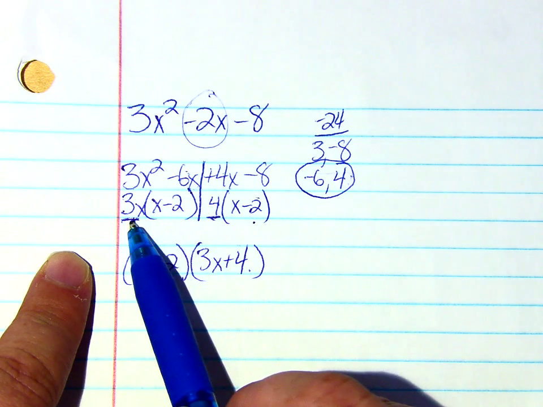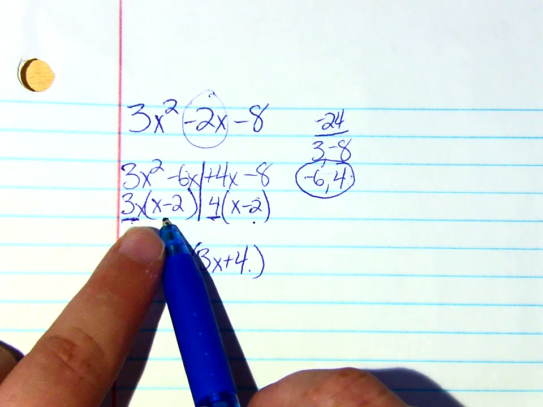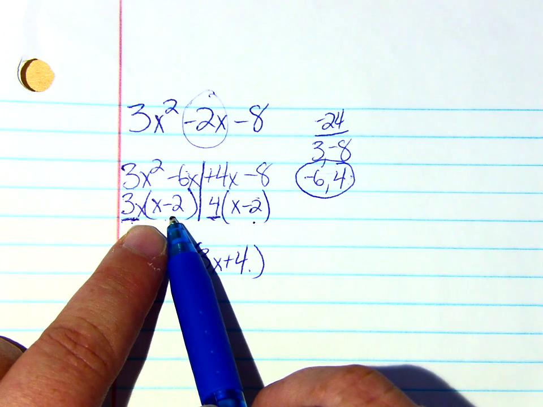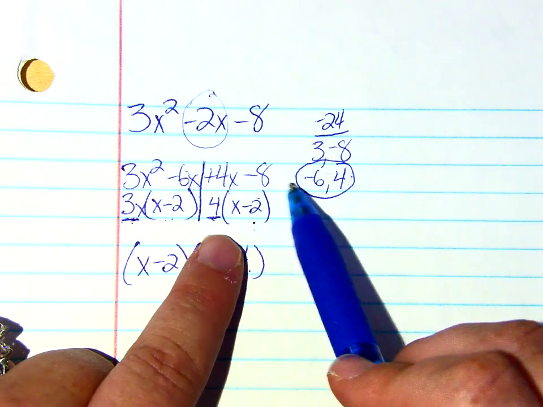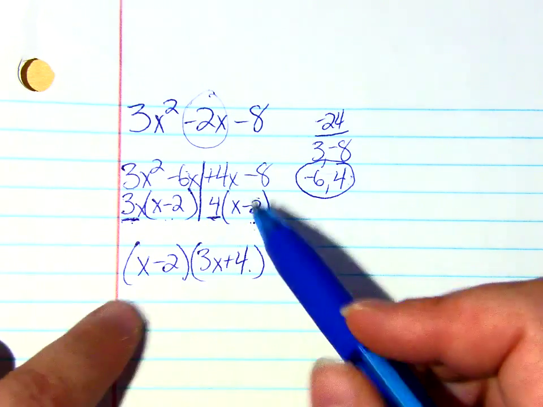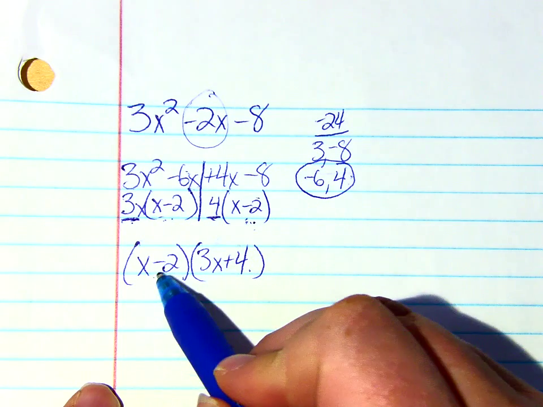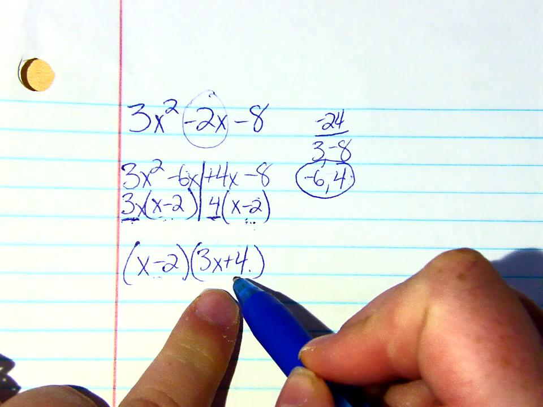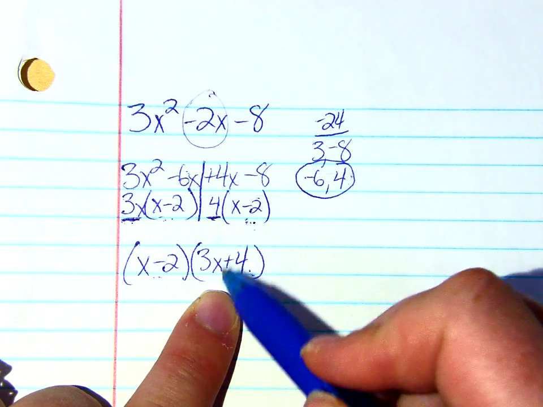So I can take out a 3, and I can take out an x. And then what's left, right? Do you know where the x minus 2 came from? Okay, so I do the same thing on this side. I can take out a 4, and then I'm left with x minus 2. And then, to write my two factors, whatever they share, that's one of them. And then the second one, I just put what's out in front together. So 3x and a plus 4.